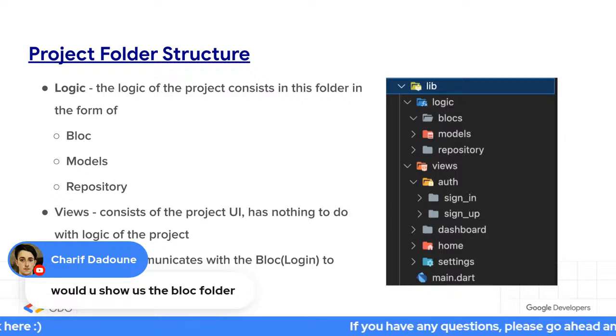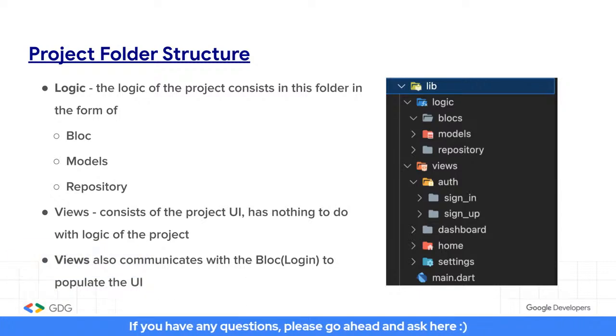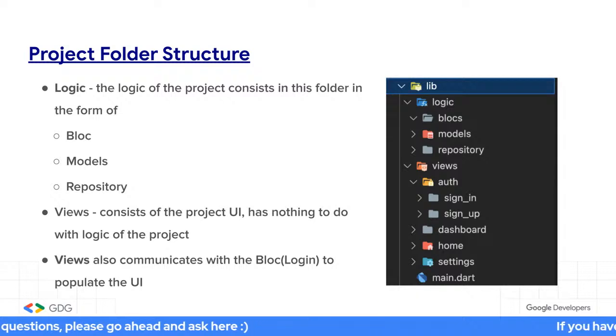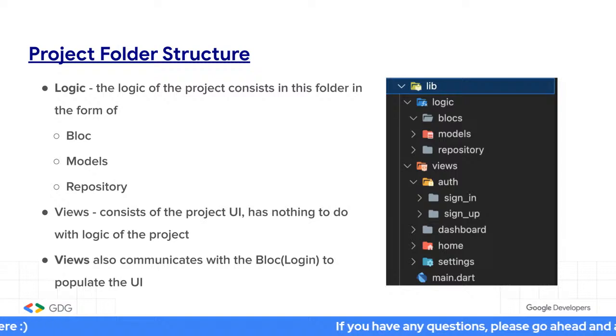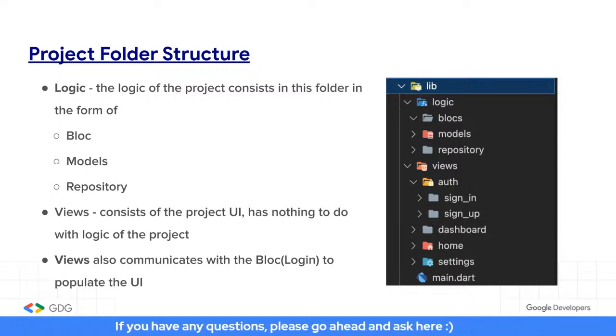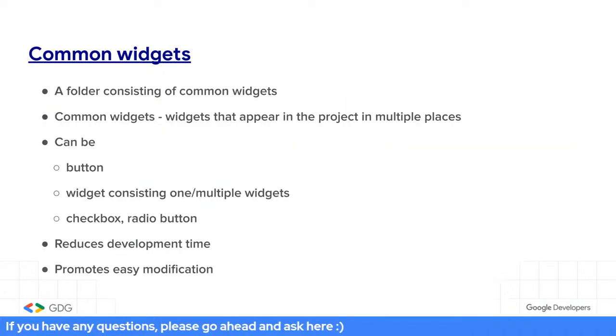So you don't have to write the bloc code from scratch. VS Code has an option and you can select that option and it creates the files for you. That is the bloc file, the event file, and the state file. So you just have to write in your events like how I have written here.